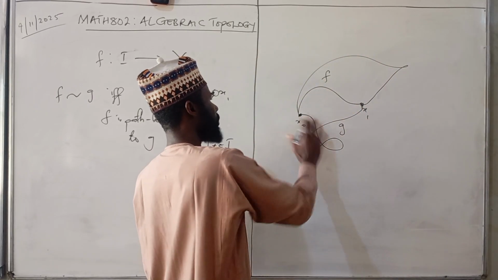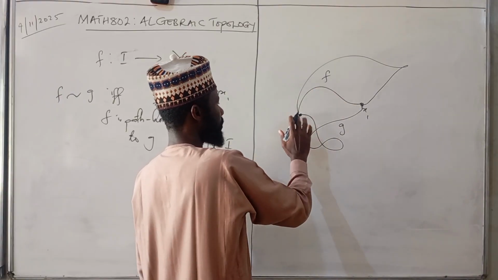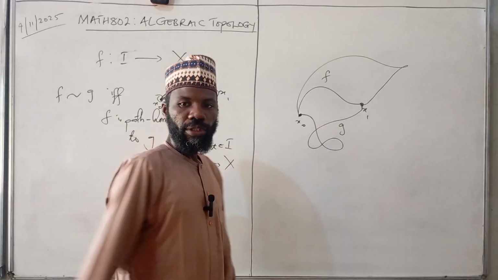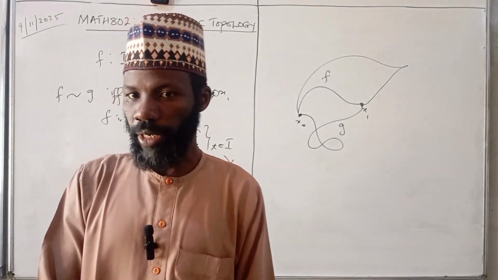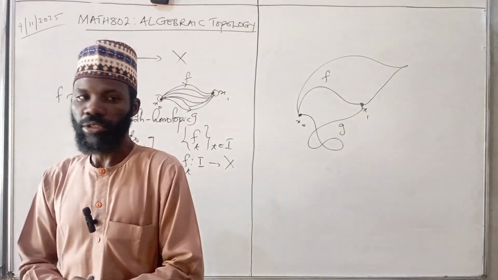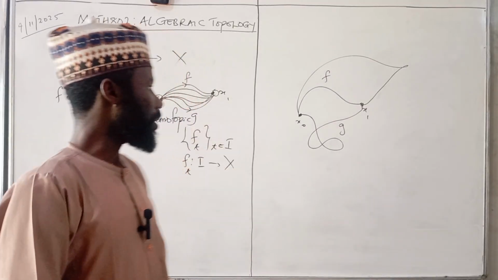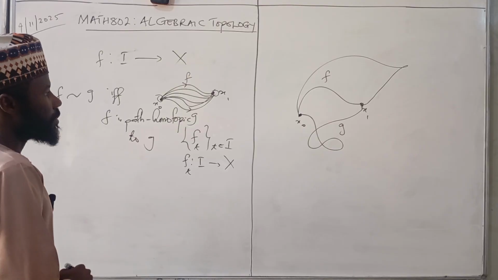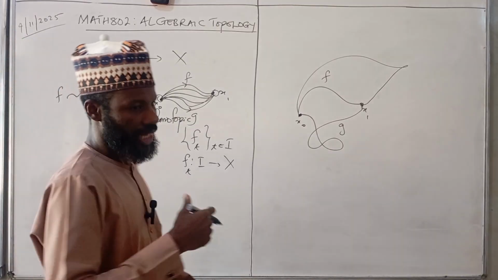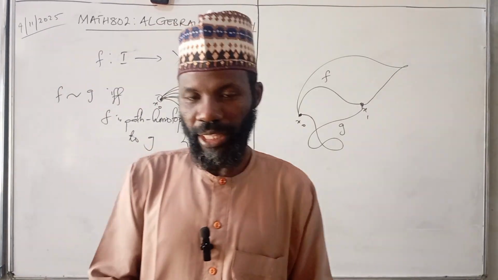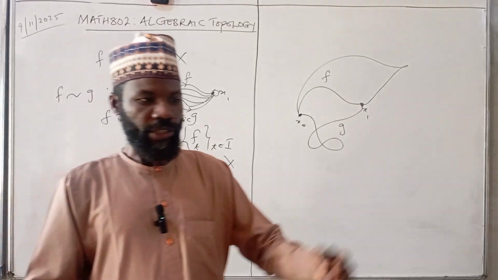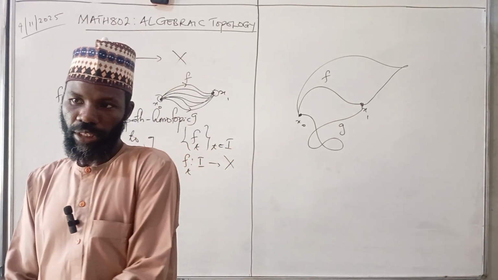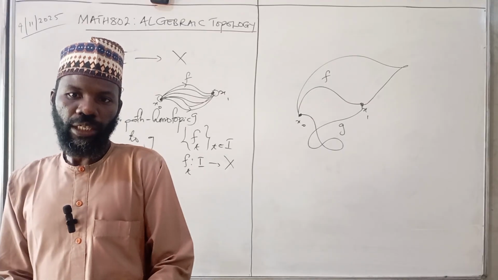So the relation of paths being homotopic partitions the set into equivalence classes. Paths that are homotopic, we think of as the same path. If you can deform one path into another, that is, to take the shape of another path, then we see them as one and the same.